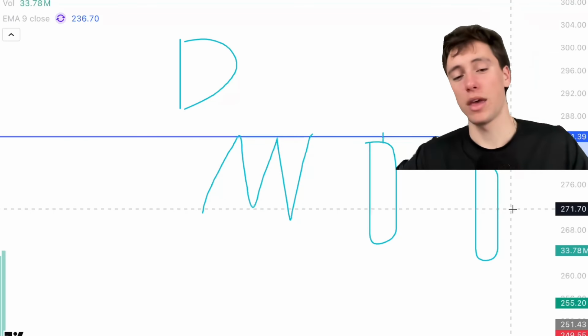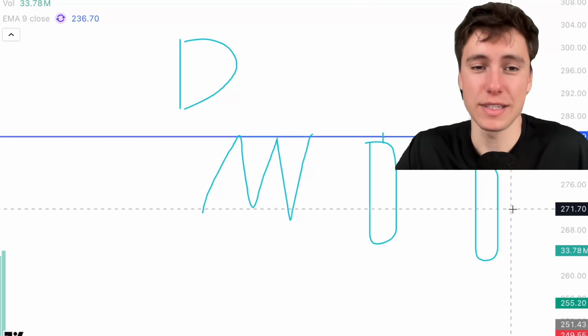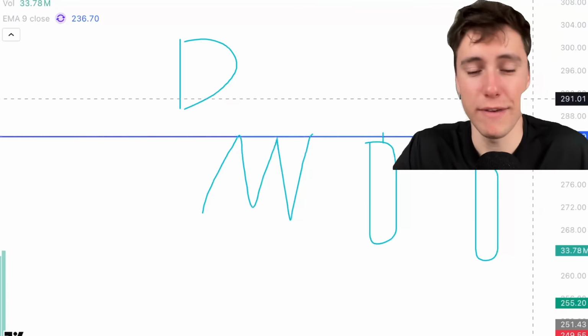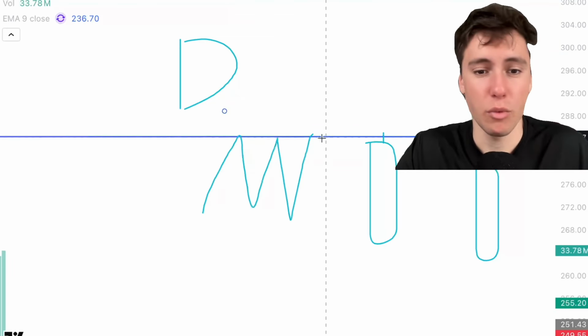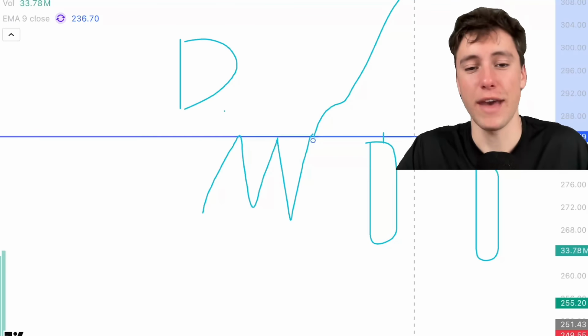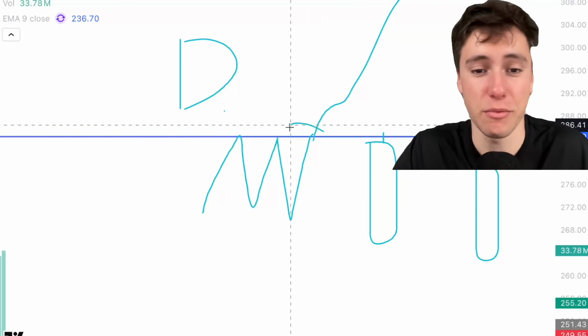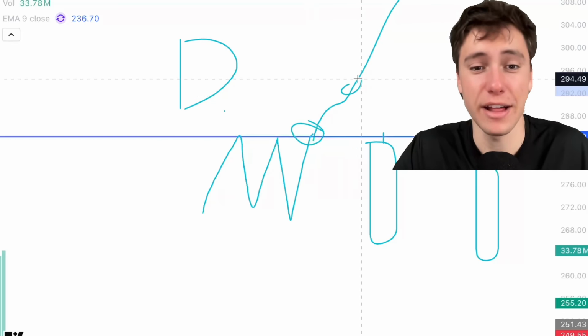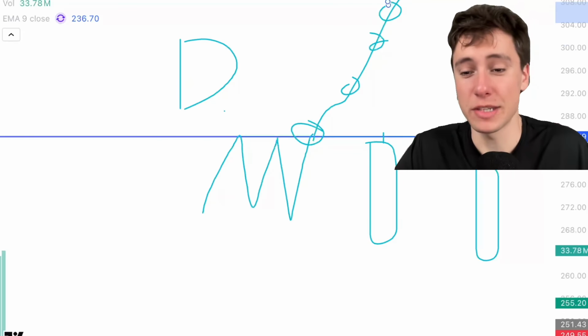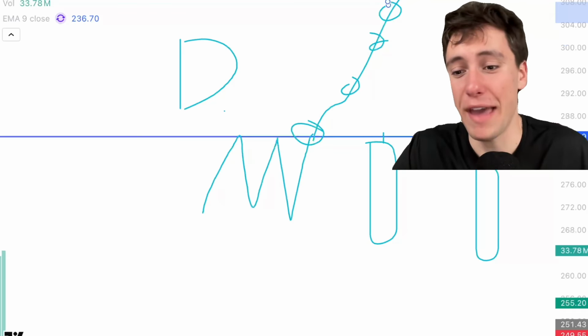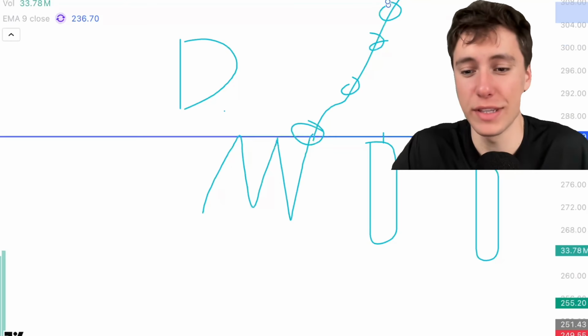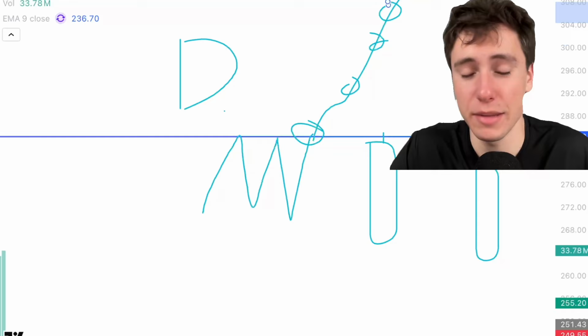Okay, so this is a level where a bunch of sellers are at. So when we do eventually cross this level, we will see a huge explosive move every single time, and you're going to enter in right as we pass, and then you're going to scale out your position on the way up. So let me show you some specific market examples of live trades that I have taken using this exact entry model, and let me show you guys what I mean.